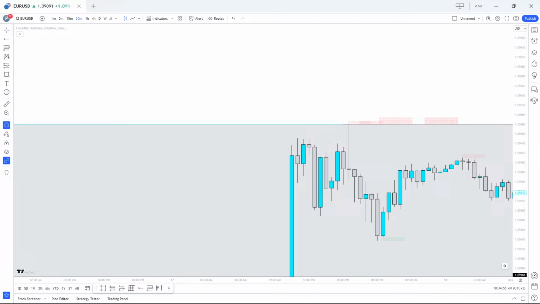Okay, let's put it: the best condition is if liquidity gets grabbed on the top of a highest top, on the top of a spike.